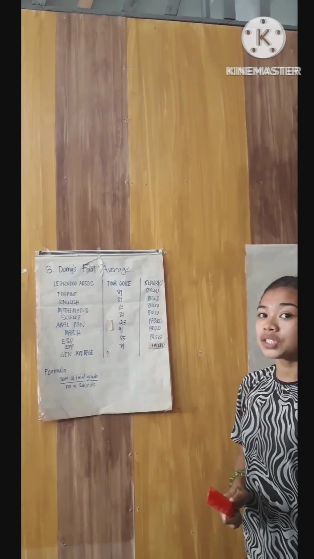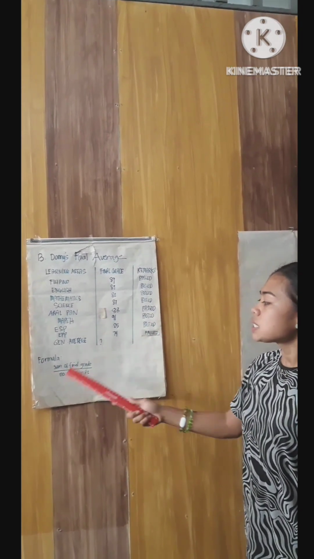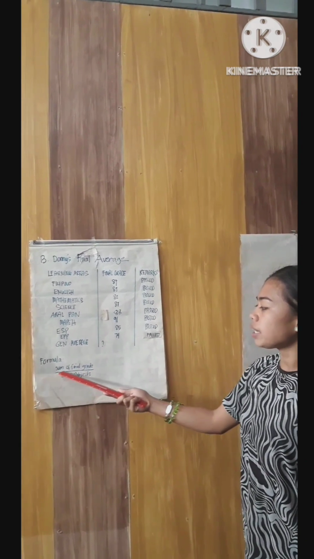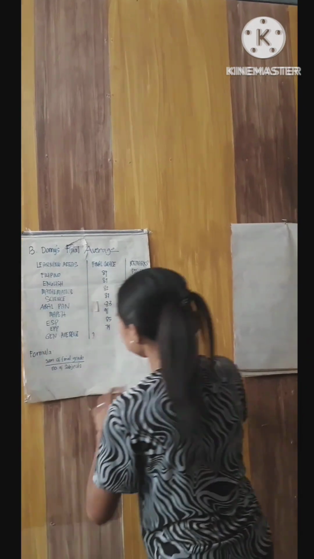So to find the general average, we need to use the formula given, which is the sum of final grade divided into number of subject. So this is now the formula.